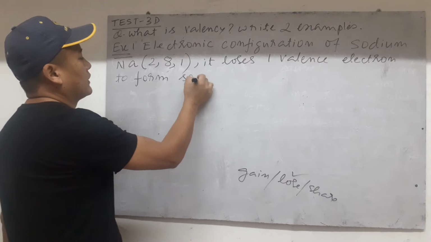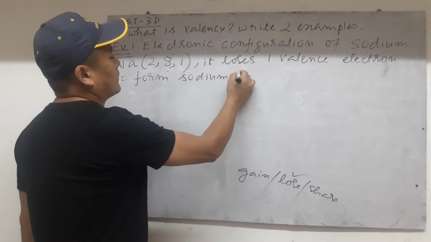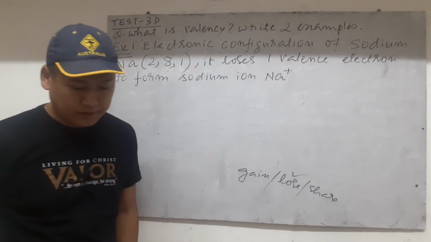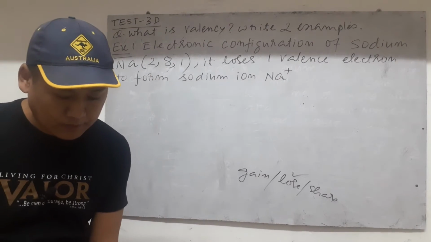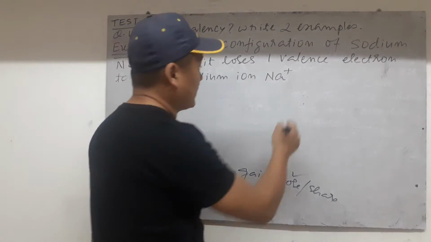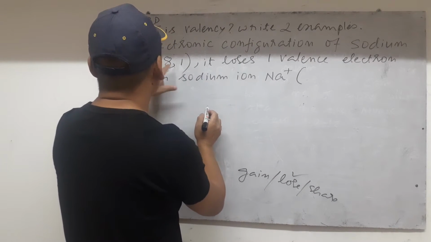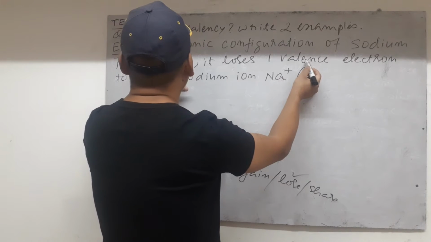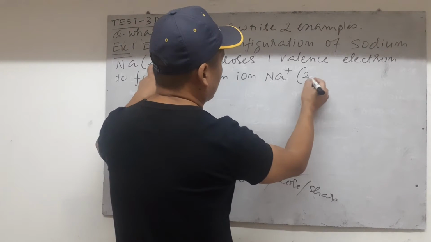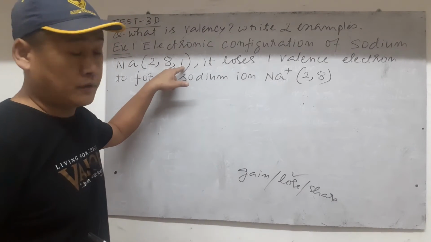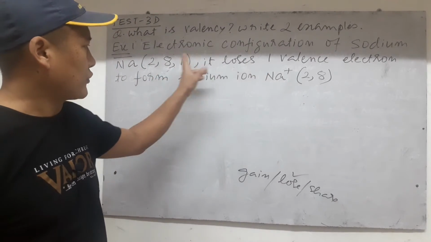Sodium ion, we know, is Na plus. So how do we get this Na plus? Sodium ion, Na plus, and since it loses this electron, when the sodium atom loses the 1 valence electron, it becomes first shell 2 and 8 in the second shell. No more 1 because it's lost. That means 1 electron lesser.